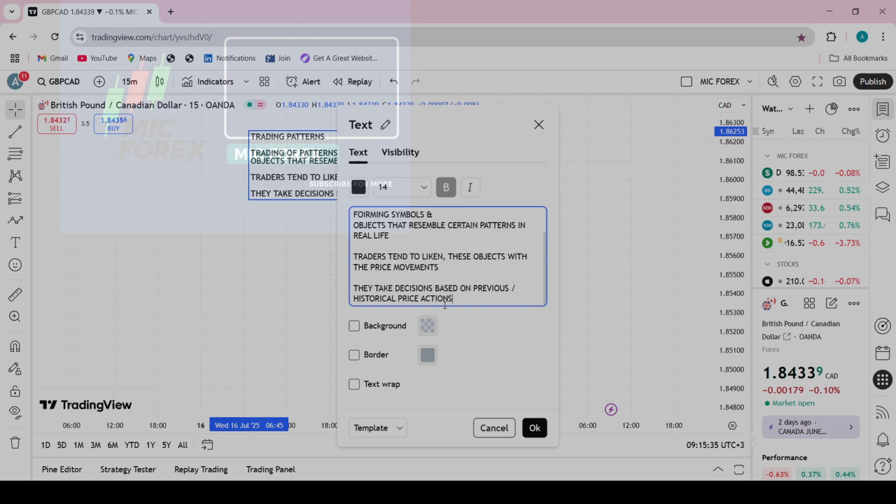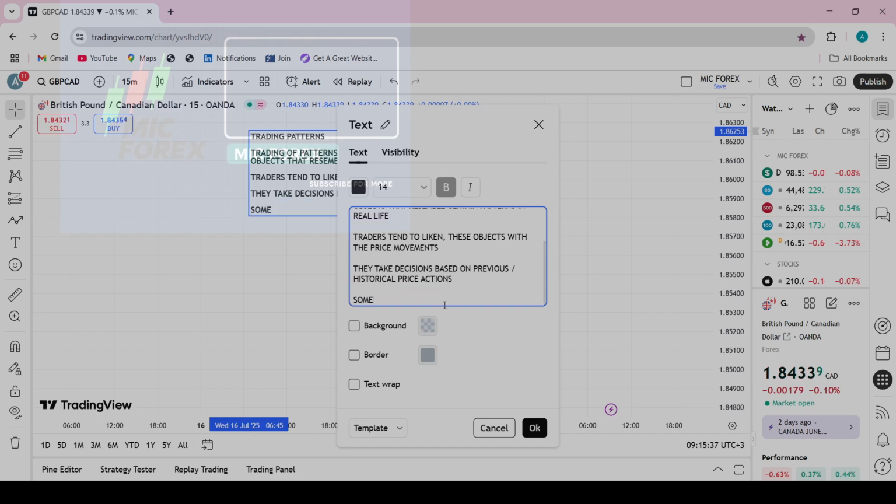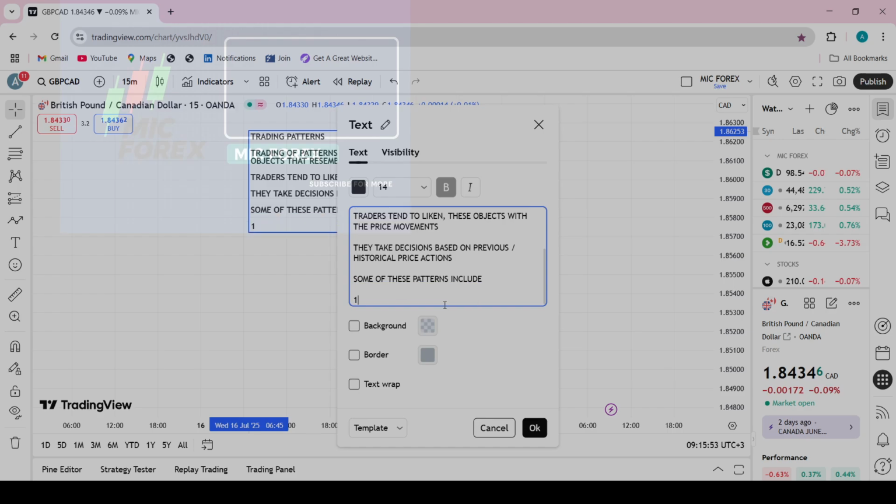So I'm going to be naming some of these patterns, of course there are so many, I'm going to name only a few. We have what we call flags.